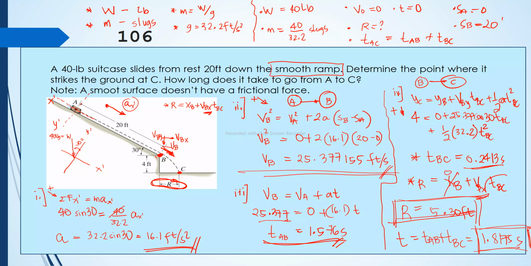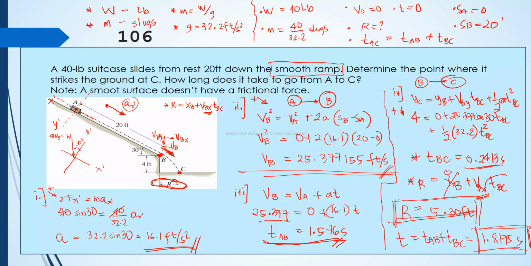Since the acceleration is constant, we can apply the constant acceleration kinematic equation. We tried to get the velocity at B because we can use the velocity at B in solving the range R, and also the displacement along the y-axis. When we were able to solve the velocity at B, we got the time from A to B using the constant kinematic equation again.